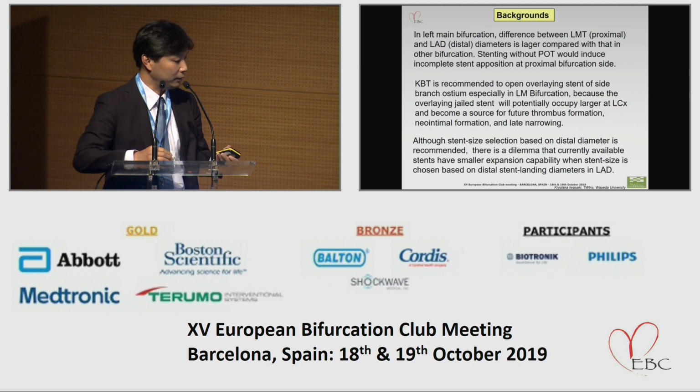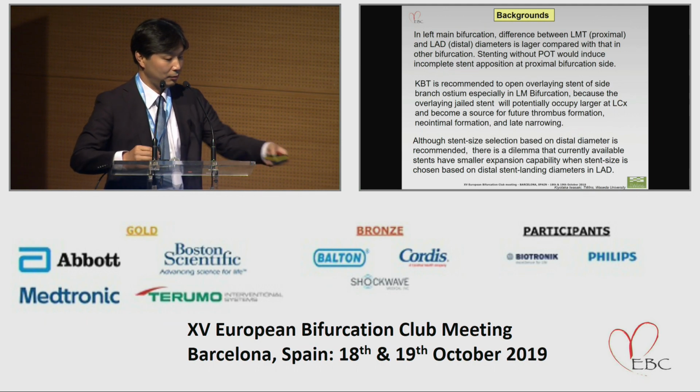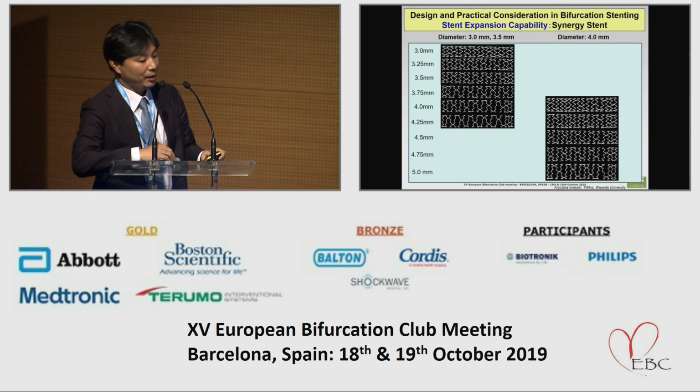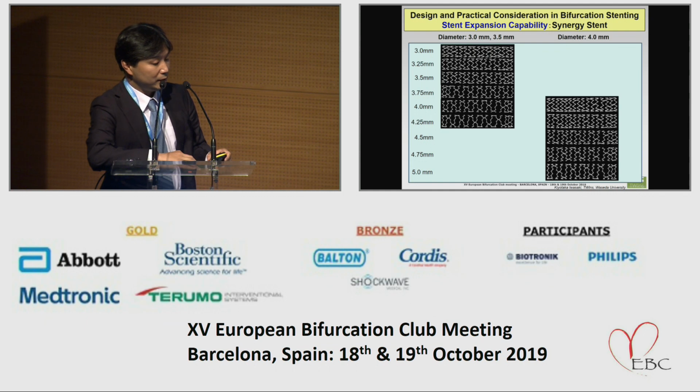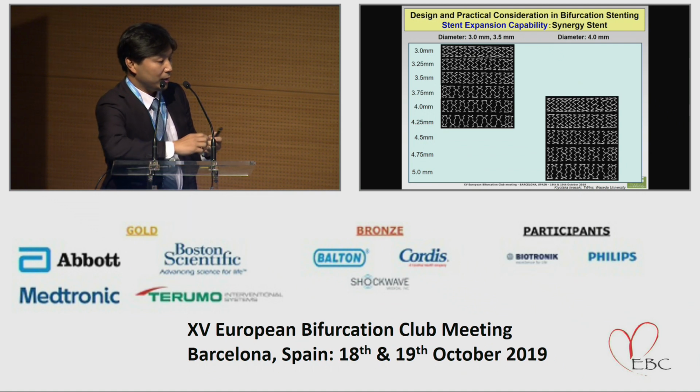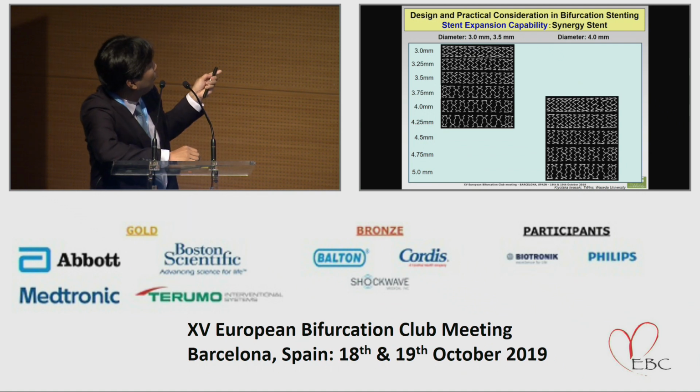You can see clearly that the stent expansion capability differs completely between, for example, the Synergy 3.0, 3.5 and 4 millimeter diameters. Generally the diameter of the LMT is over 4 millimeters.